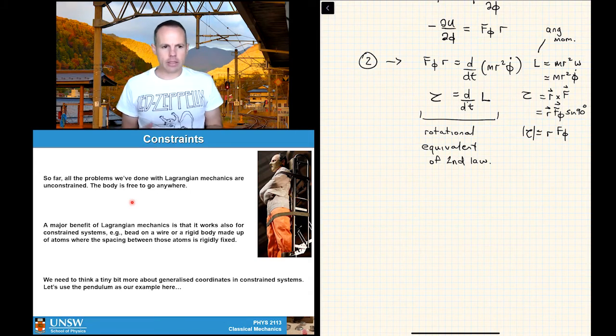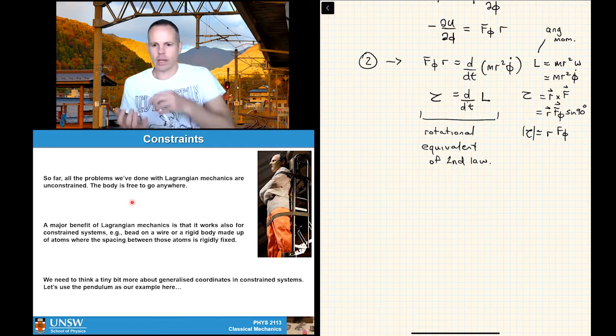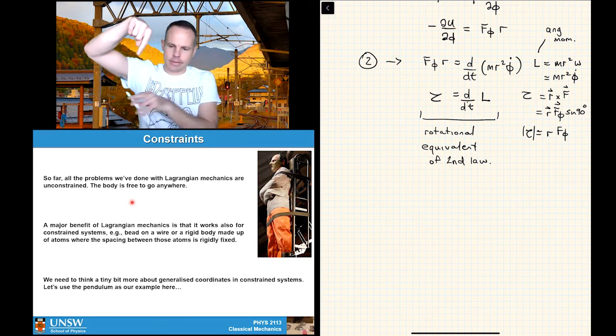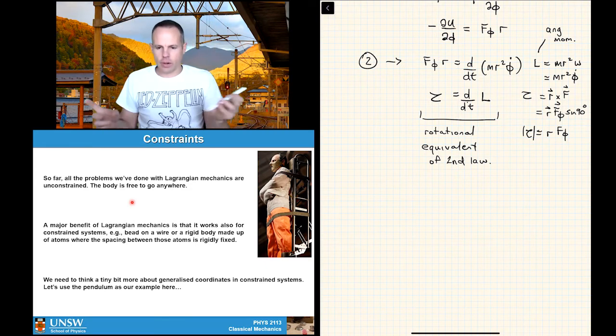And in a lot of cases, constraints are nice in Lagrangian mechanics because they make the problem simpler, whereas in Newtonian mechanics, they tend to make the problem harder, right? If you think about constraint forces in Newtonian mechanics, you've got things like the normal force to stop things from falling through tables. You've got the tension in a wire or the tension in a string or whatever it is.